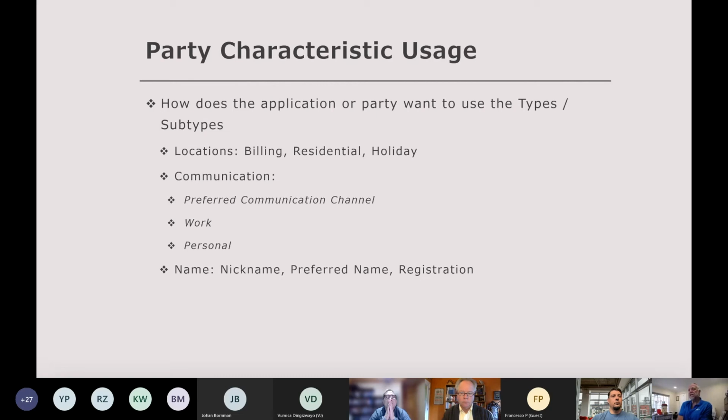If we then consolidate the customer data, we can certainly find the scenario where we have multiple and different billing addresses. So we then have to record the detail and understanding of who wants this and what is the usage of that location or communication or name. When I use this system, I may have set this to be my preferred name, or I may have allocated a nickname. And then when the correspondence comes along, I have to choose the right element in that scenario.